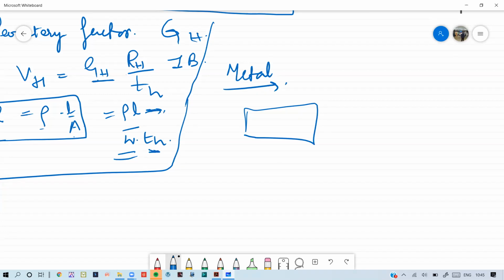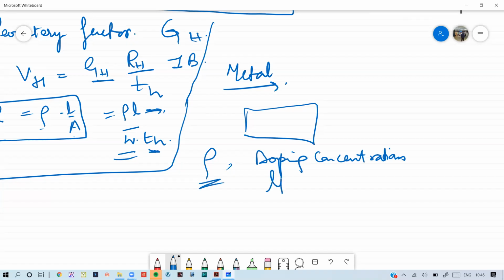But in a semiconductor, this resistivity, that is the current or the Hall effect, can be changed or measured under different doping concentrations, having different mobilities of the charge carriers.